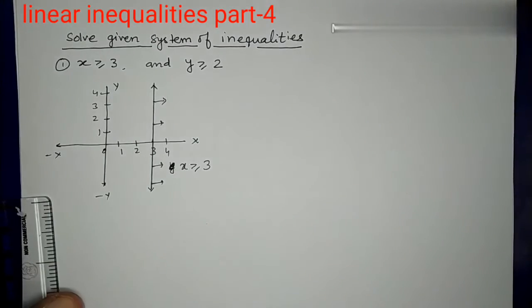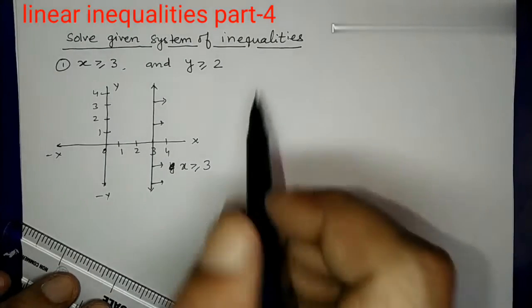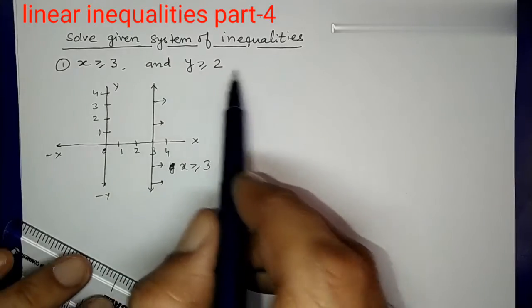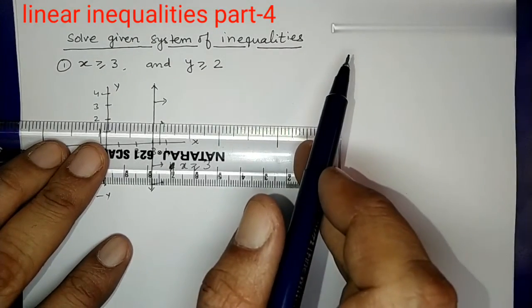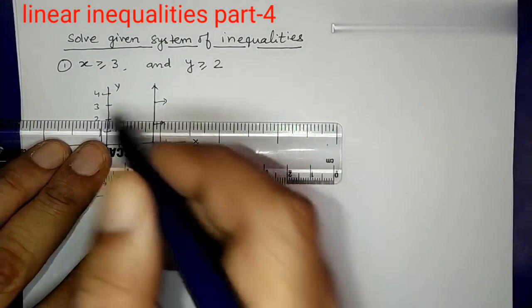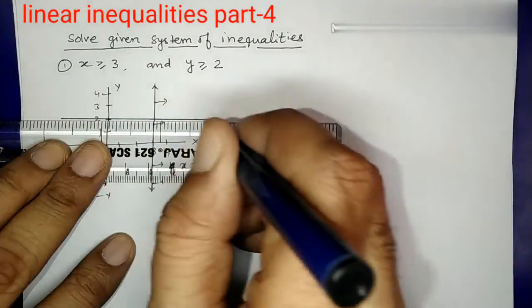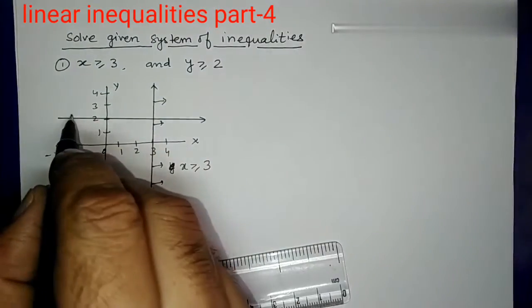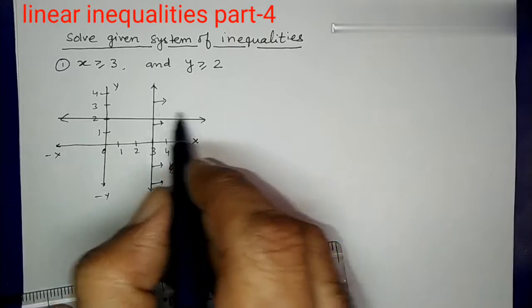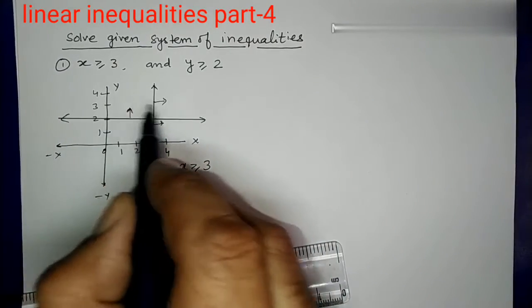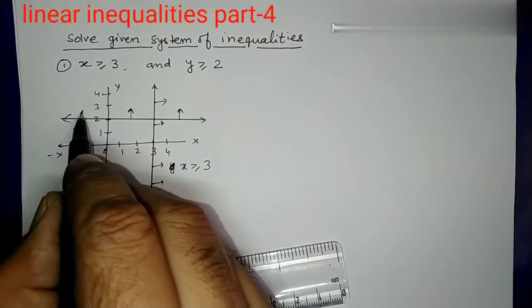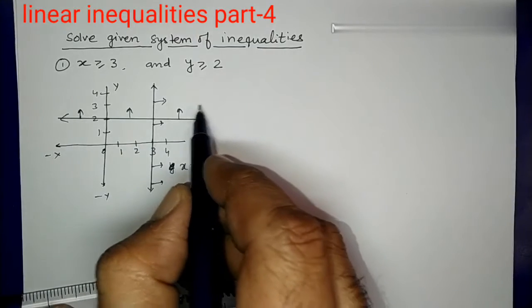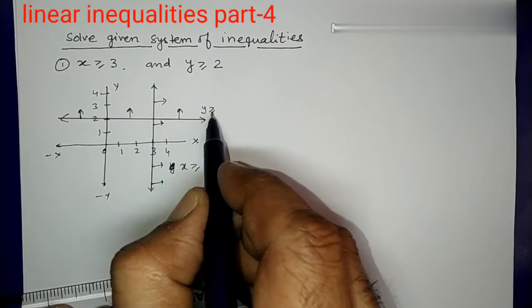Now the second inequality is y greater than or equal to 2, so on y equal to 2 we draw a line. This line is y equal to 2, and greater than or equal to 2 means this part above it.